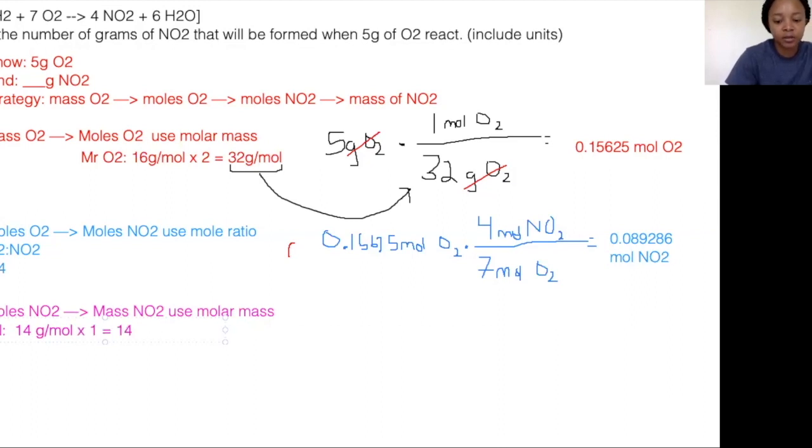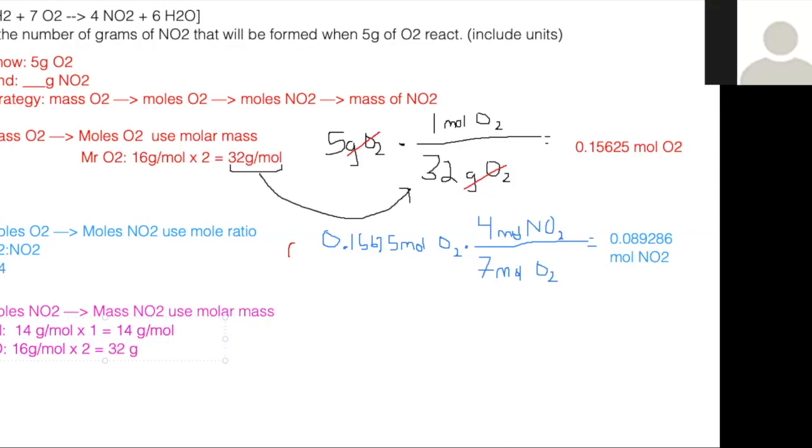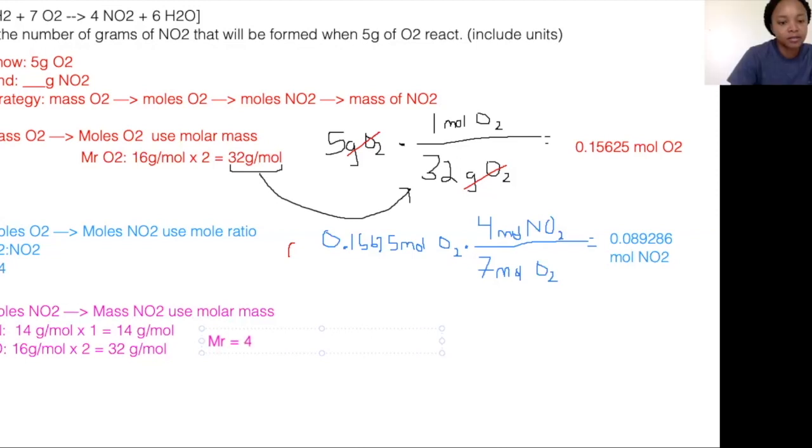And then oxygen weighs how much? You have 2, and then it's going to be 32. When we add these together, we get 46. Perfect.